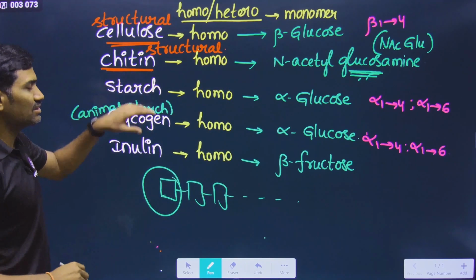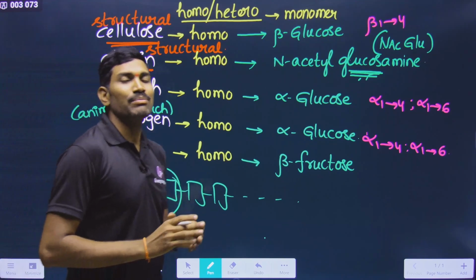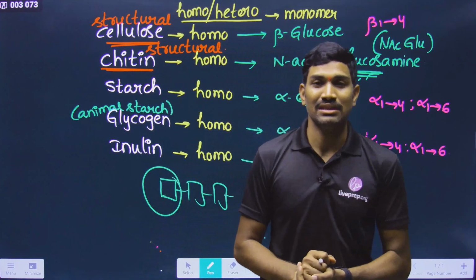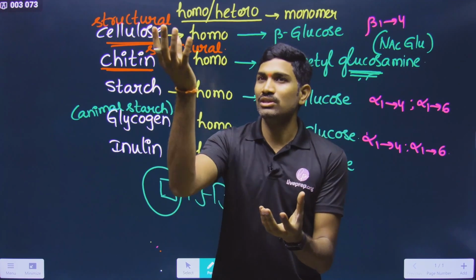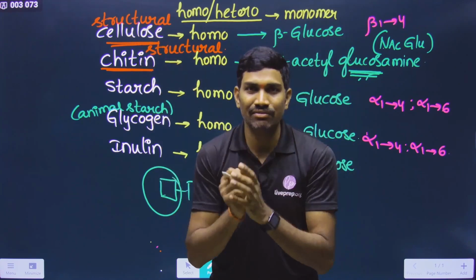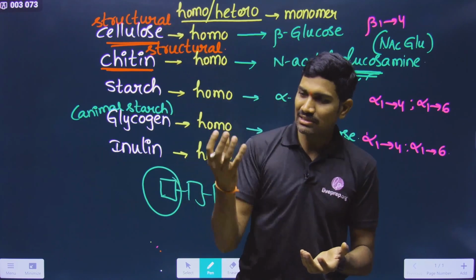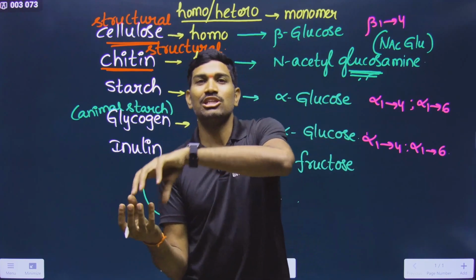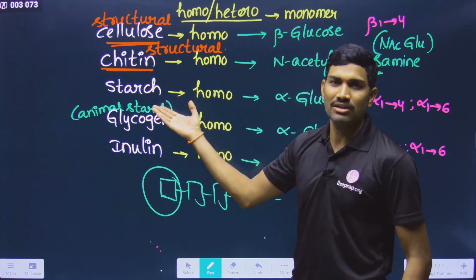Next one, starch. Starch is present in plants, inside the cells. Plant cells obtain energy from sunlight, and this energy is used for the synthesis of chemical compounds like starch.